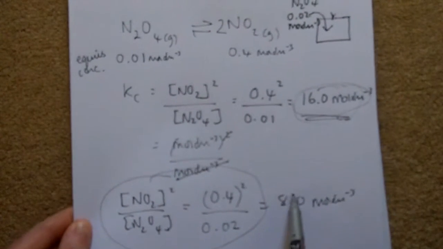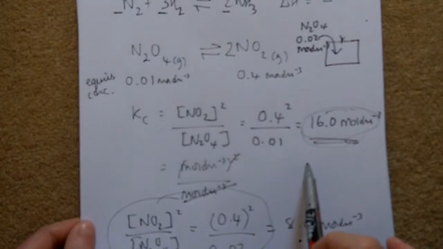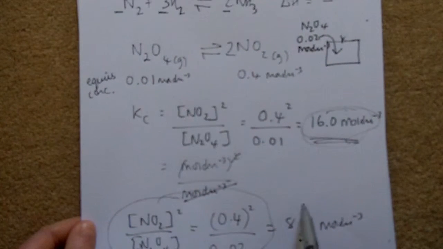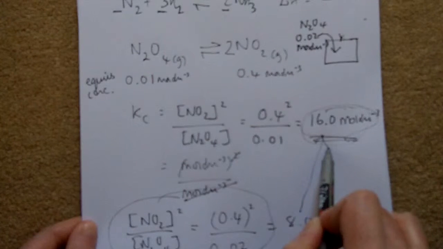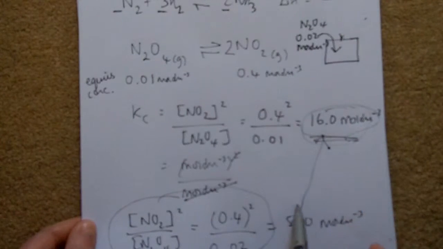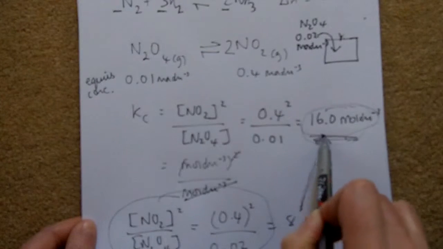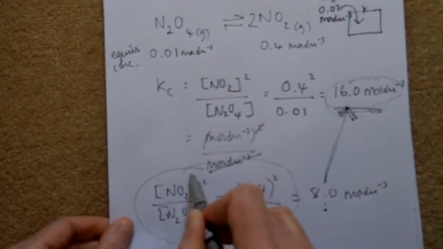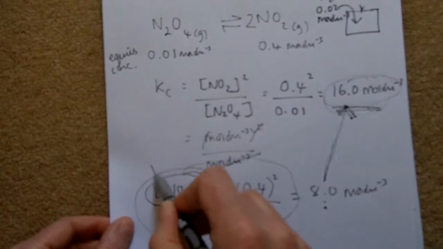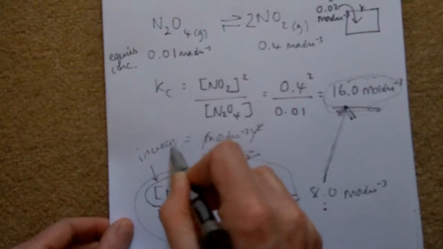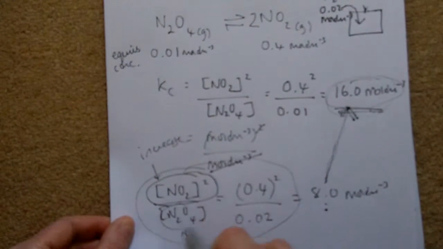We need to restore the equilibrium. We need to make this 8 become 16, so we need to make this 8 a bigger number. The way to make it a bigger number is to increase the top and decrease the bottom.